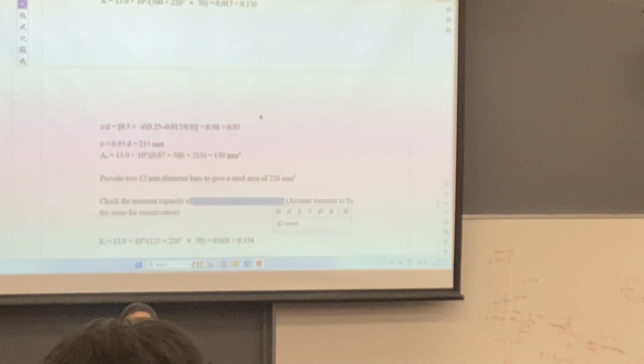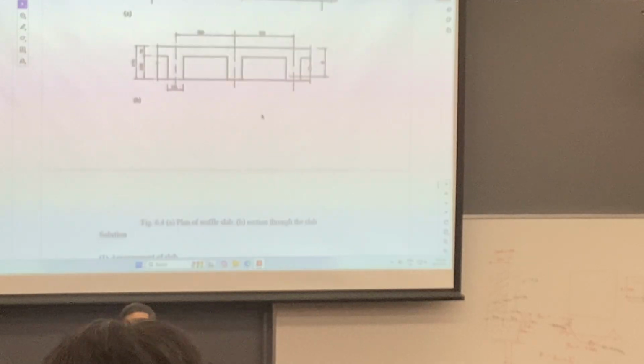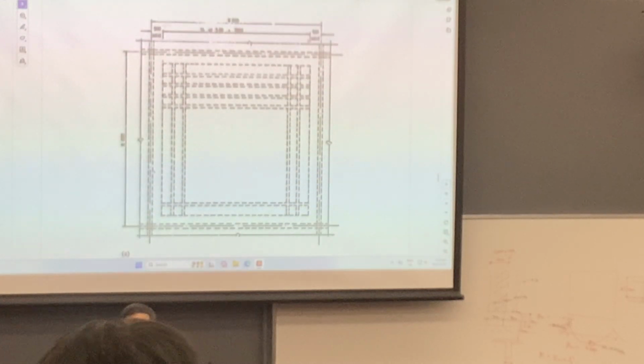You can see that at 500 mm, here, this 500 mm.